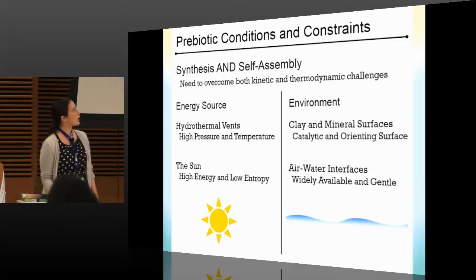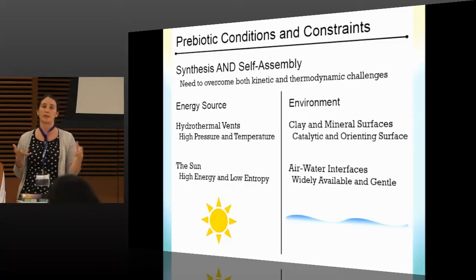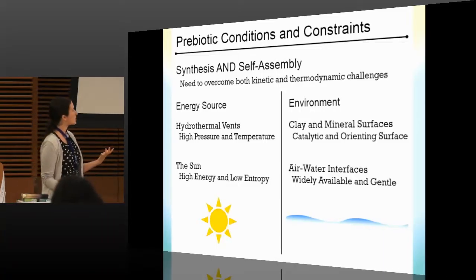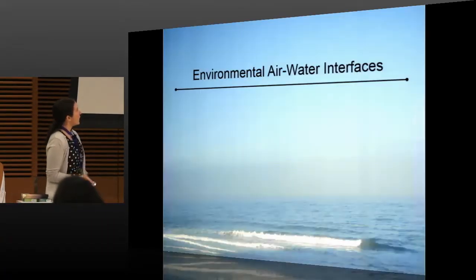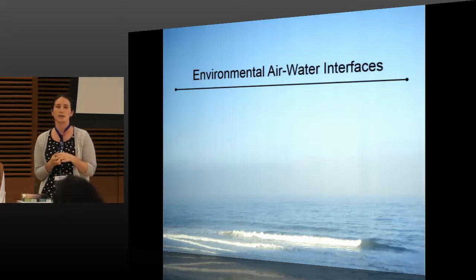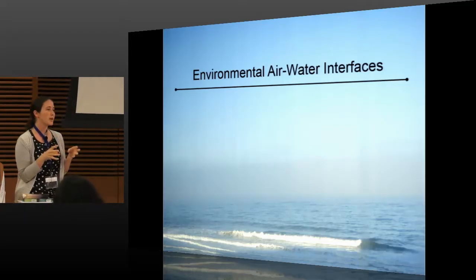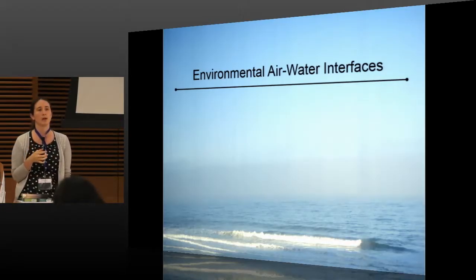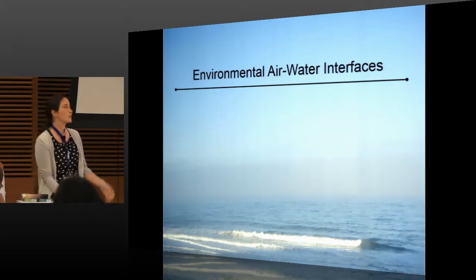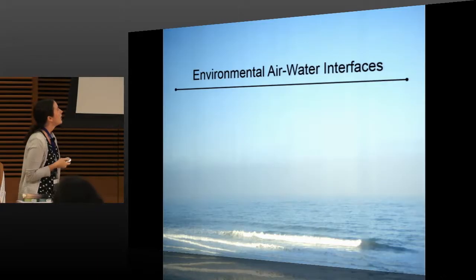We tend to use the air-water interface because they were widely available in our relatively gentle environments. And so air-water interfaces, they're on the ocean surface, lakes, rivers, but also atmospheric aerosols. The surface area of aqueous atmospheric aerosols is about 2 orders of magnitude bigger than the surface area of the ocean. So it's an important thing to remember.